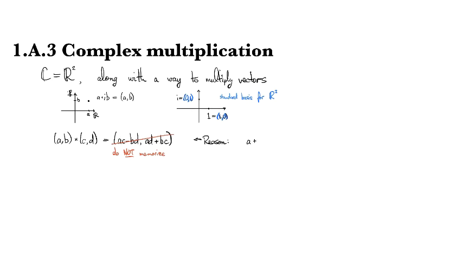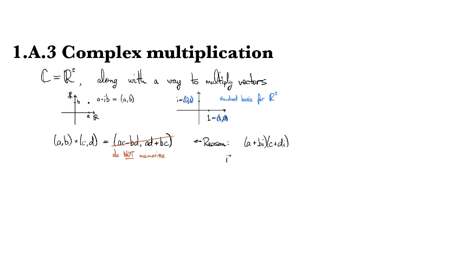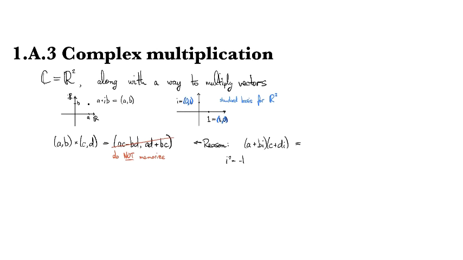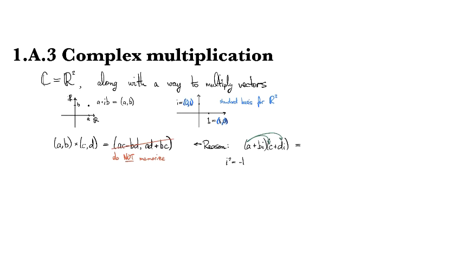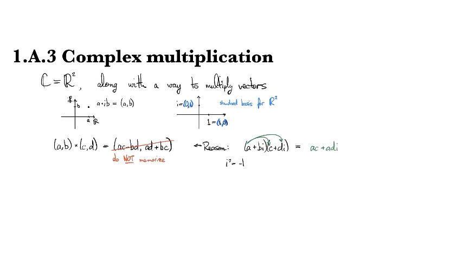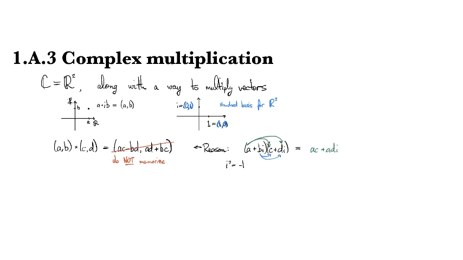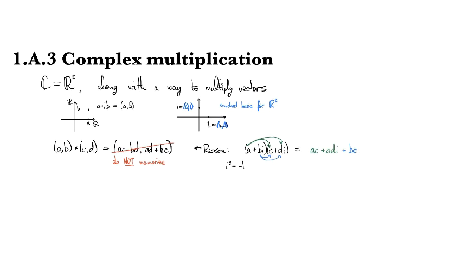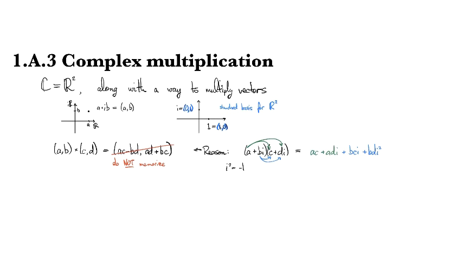So if we go back to the complex form of thinking about these numbers, and we recall that I squared is equal to minus 1, and we just distribute with good old FOIL, then we get AC plus ADI, and then BCI plus BDI squared.